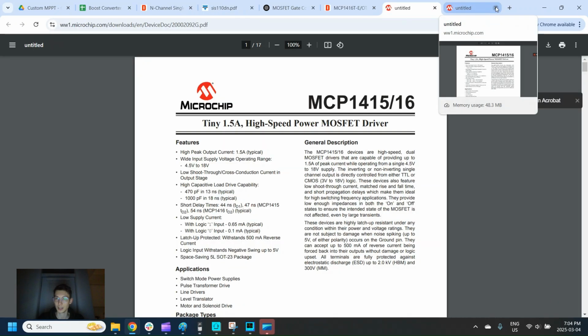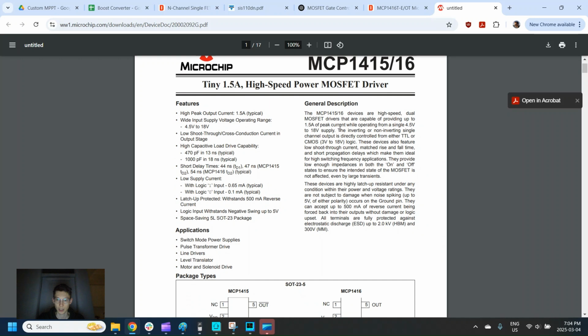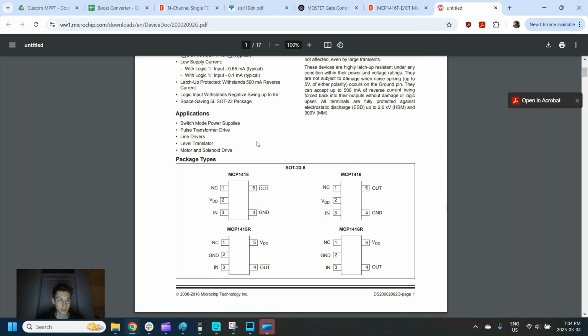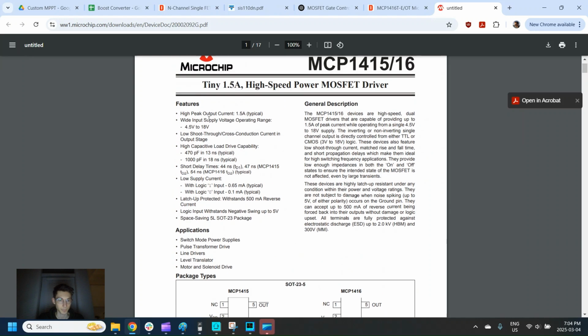And we look at the data sheet. We find it can operate on 3 volts to 11 volts. Can take reverse current, that's fine. Protected against ESD, that's great. Output current is 1.5, that'll be more than enough.